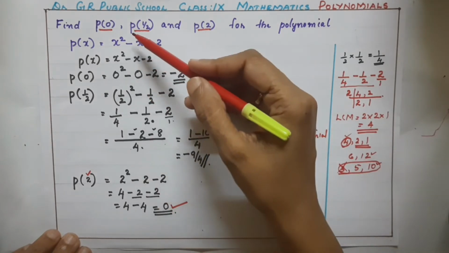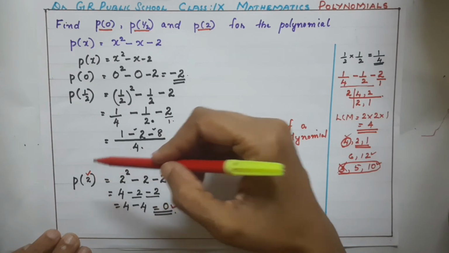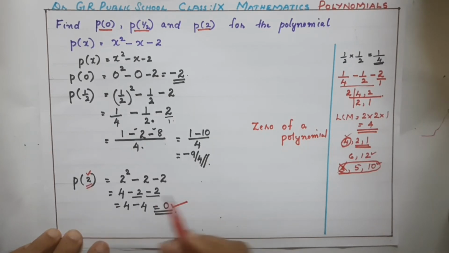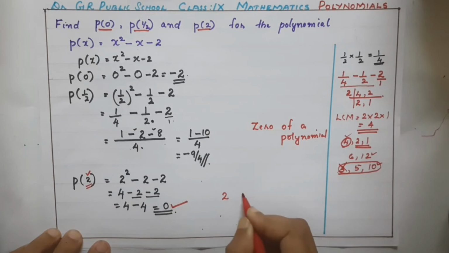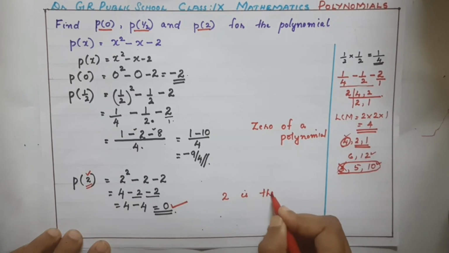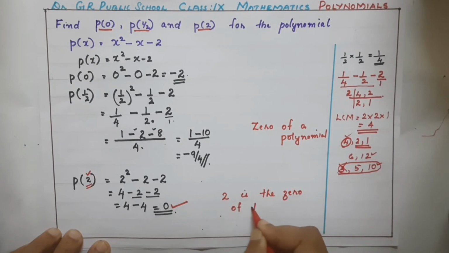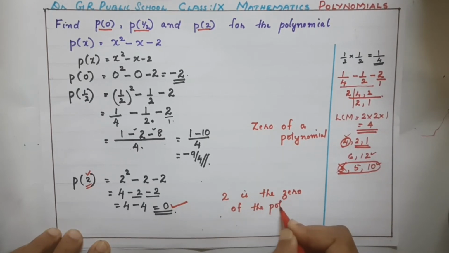So when we put which value for x, we got the polynomial value as 0. When we put x equal to 2, we got the polynomial value as 0. So here we can say this value 2 is the zero of the polynomial. What is our polynomial?